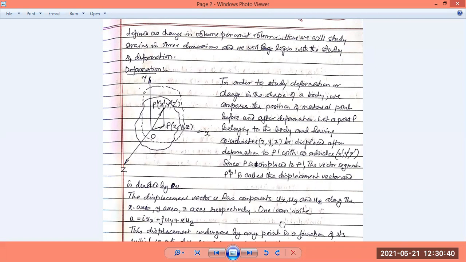So we can write the displacement vector as per the definition of vector analysis: u is equal to i ux plus j uy plus k uz.